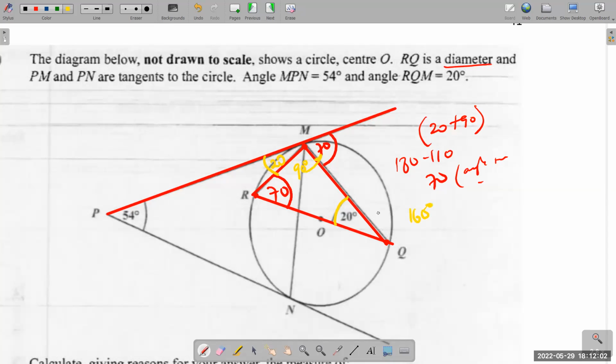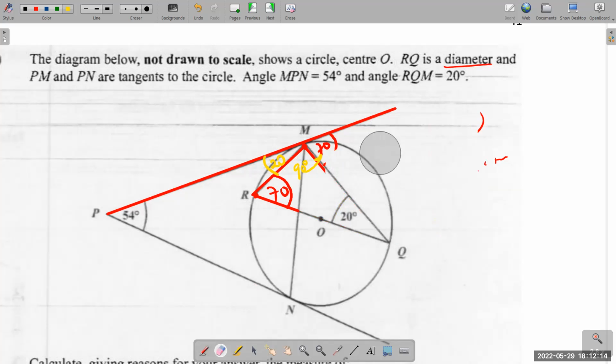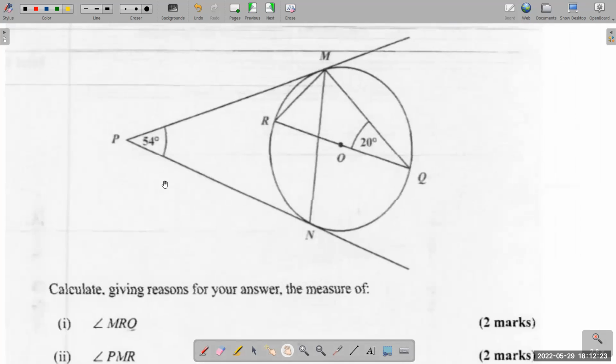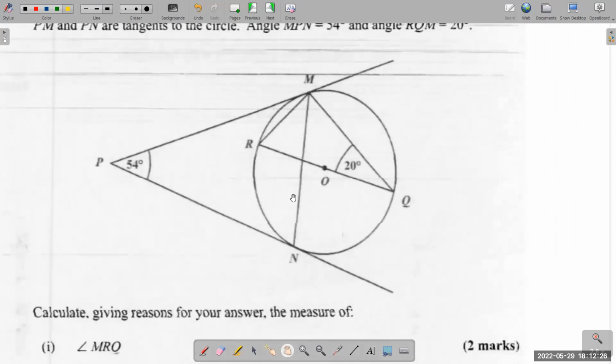And 180 minus 160 is 20. Angles on a straight line. So excellent job, everybody. This one was a rough one. You had to pay attention. And to be honest, don't be afraid to flip your paper upside down. So next one, PMN. We've already found that. It's 63.